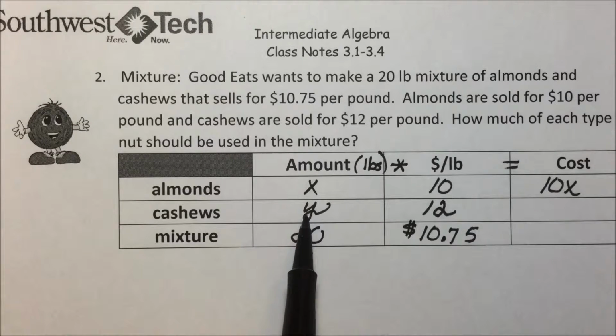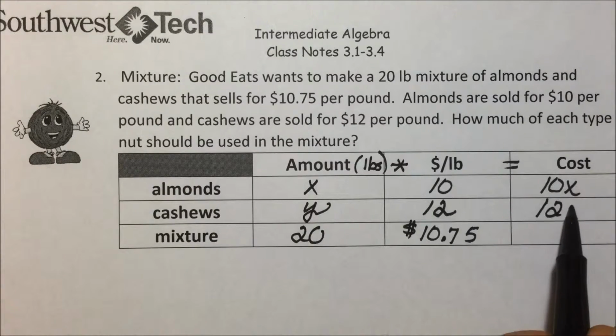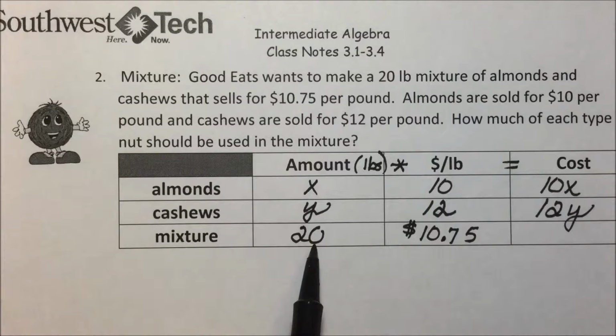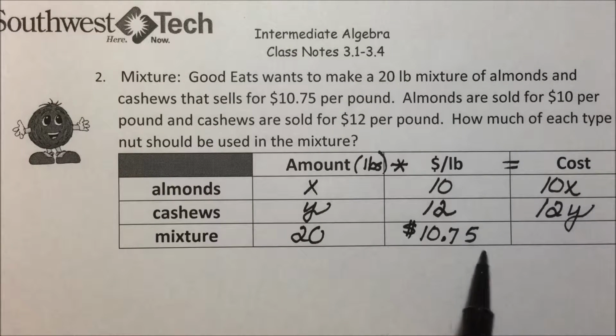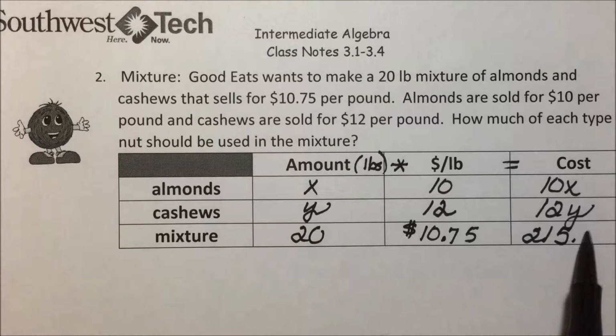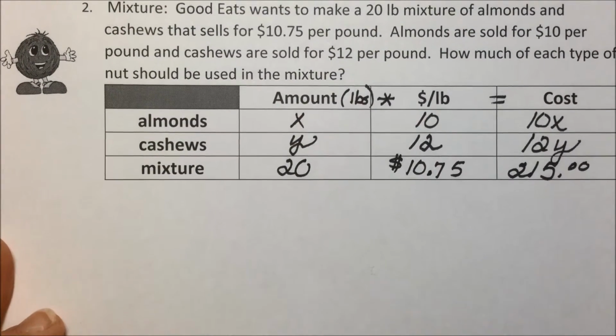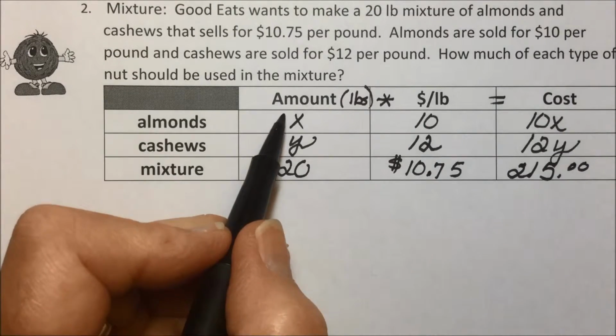Cashews at an unknown or variable y pounds times 12 gives us 12y. And here for our mixture, we have 20 pounds at $10.75 per pound, which results in a cost of $215.